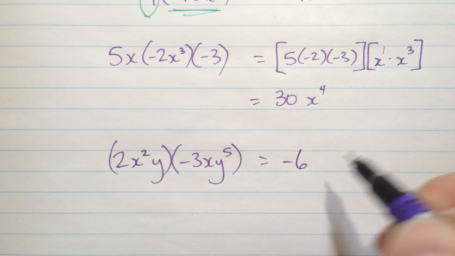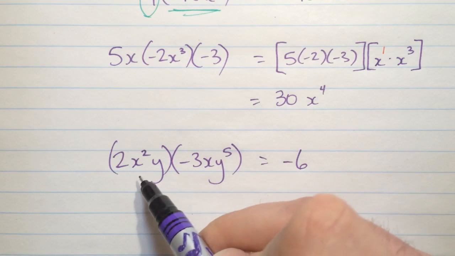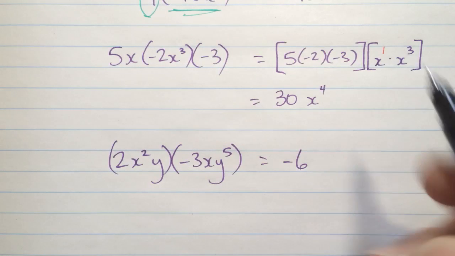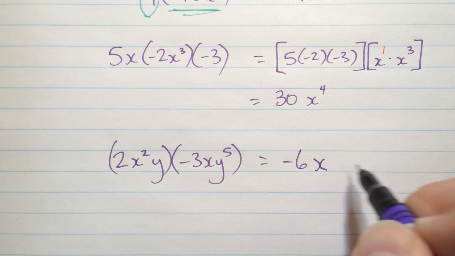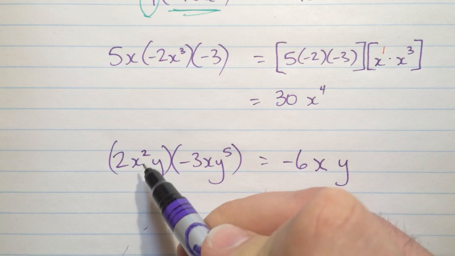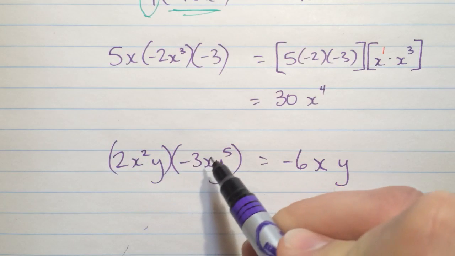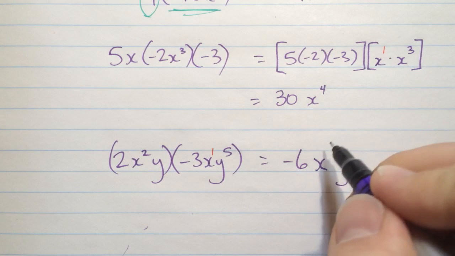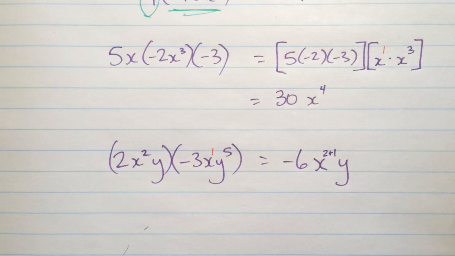I can do that one in my head. That's negative 6. Now let's look at the variable components here. I have some x's and some y's. So I'm going to have an x to some exponent, and I'm going to have a y to some exponent. Let's see what they're going to be. The x portion will be 2 plus, oh, there's my understood 1 again, 2 plus 1 will be the exponent there.